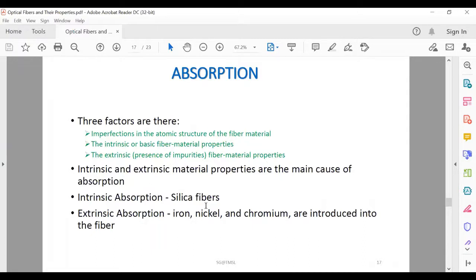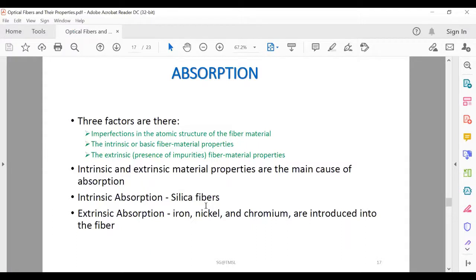The main cause of intrinsic absorption in the infrared region is the characteristic vibration frequency of atomic bonds. Now in silica glass, the absorption is caused by the vibration of the silicon oxygen bond, and the interaction between the vibrating bond and the electromagnetic field of the optical signal causes the intrinsic absorption.